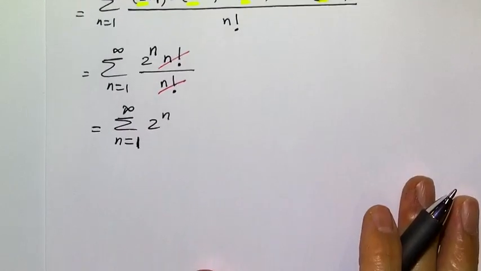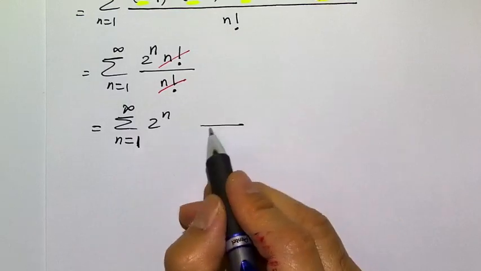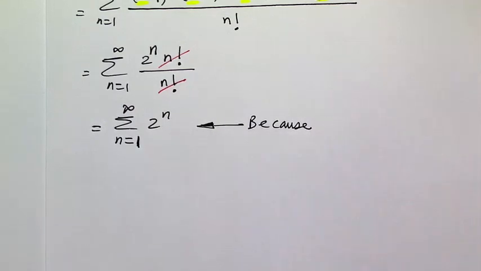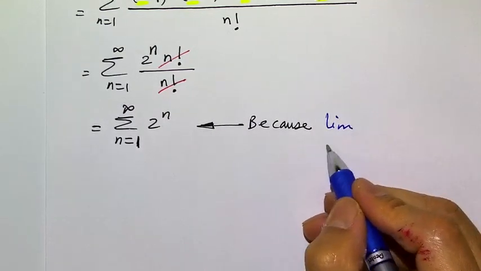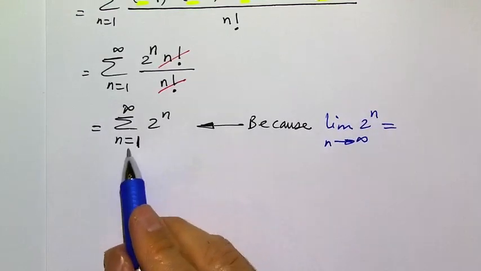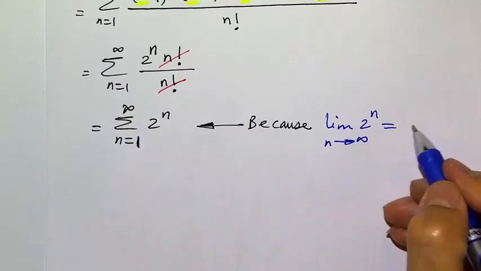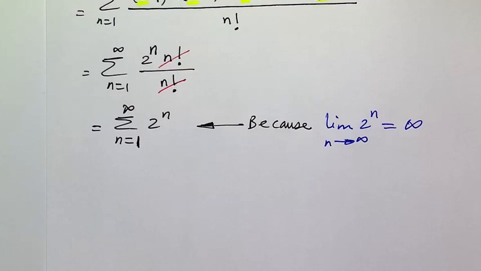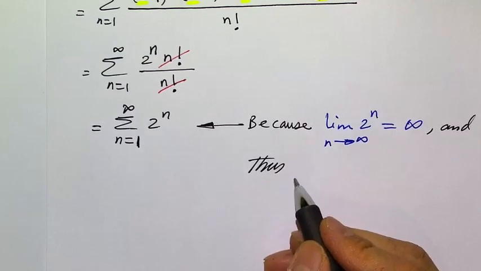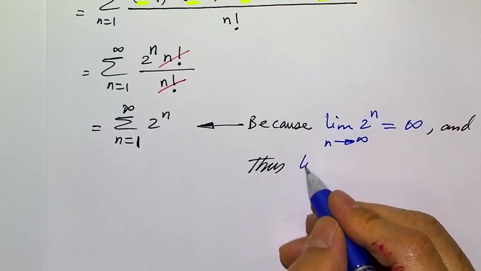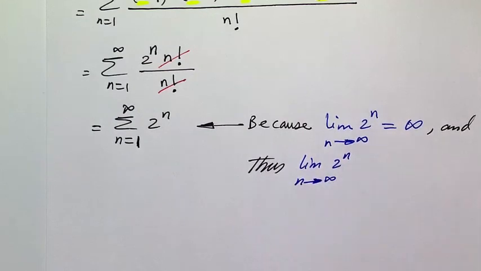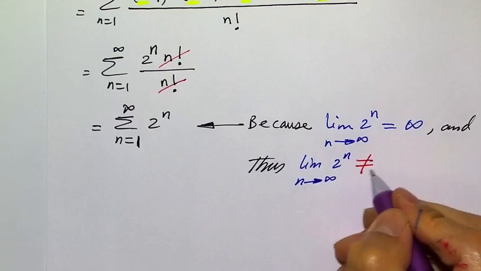So because the limit of that as n goes to infinity is equal to infinity, thus we can say that the limit of 2 to the n as n goes to infinity is not equal to 0.